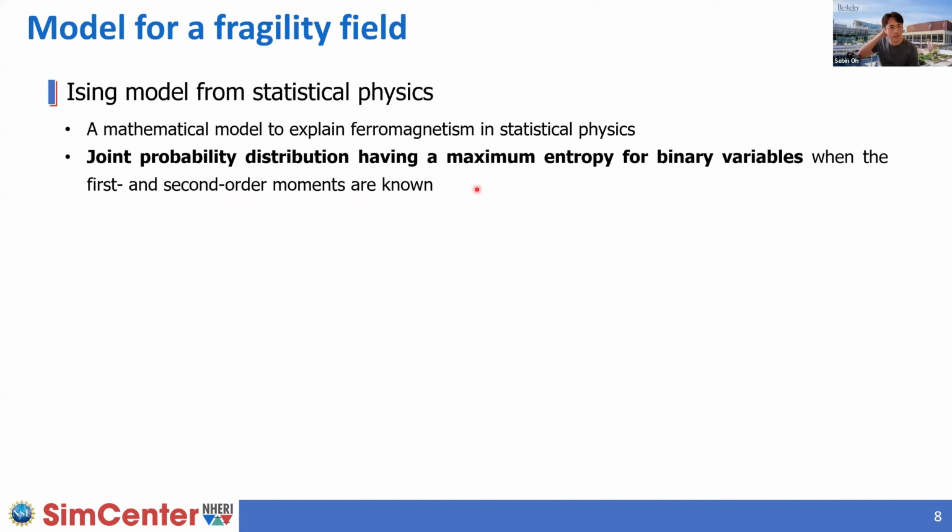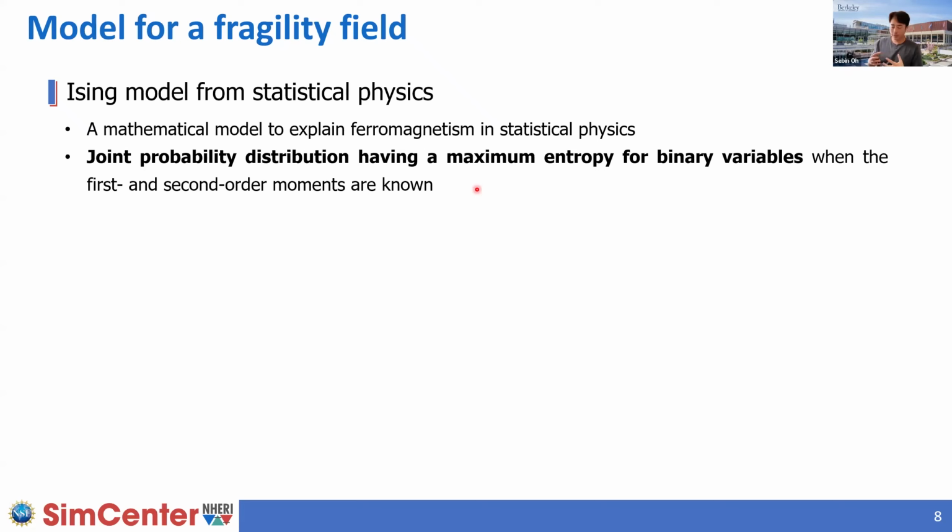In information theory, the entropy is somewhat related to the information. So the probability distribution having a maximum entropy means that it keeps the maximum amount of information while transforming the given knowledge into a model.